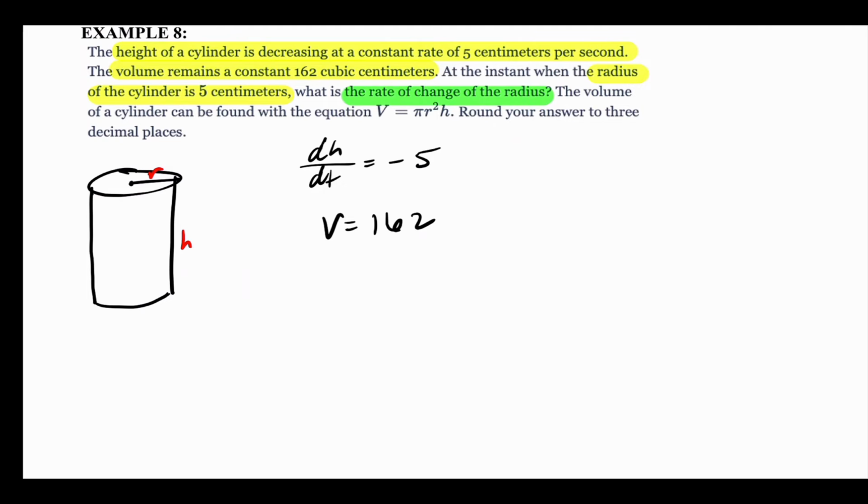The radius is 5 centimeters. What is dr/dt? What is the rate that the radius is changing? That's what I know. Everything that relates V, r, and h is given.